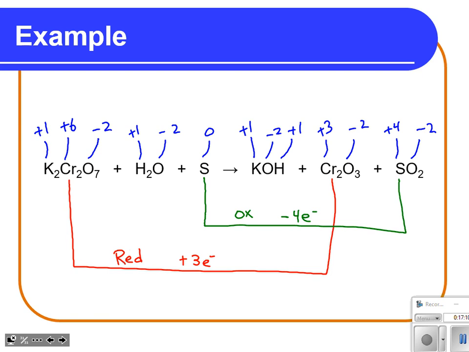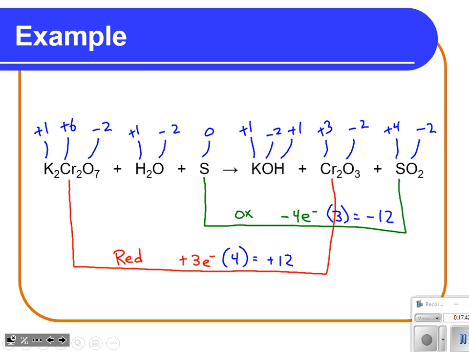So I'm dealing with a 3 and a 4, and I know my least common multiple of 3 and 4 is going to be 12. So I'm going to have this to be 4 to give me a +12. I'm going to have this to be 3 to give me a -12. So now my electrons gained and my electrons lost are the same, and I have my hint.